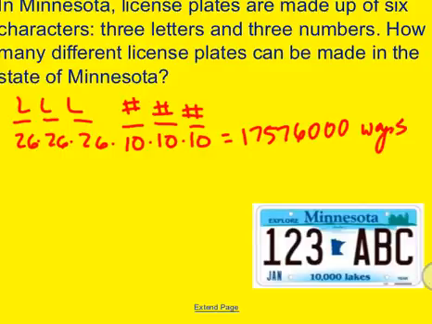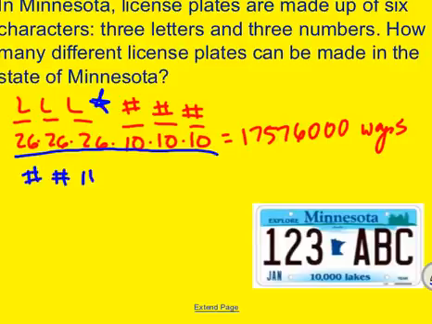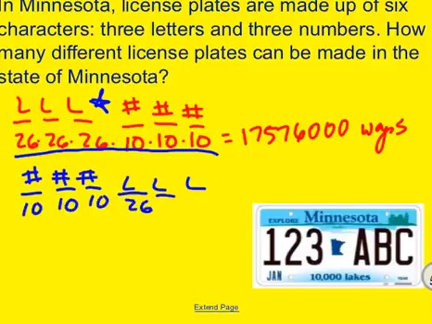Now, for some of you who don't trust me, I do make mistakes on purpose, but this time I did not. I did letter, letter, letter, and then number, number, number, because in the state of Minnesota, you can have this combination, or you can have what the picture has down there, which is number, number, number, letter, letter, letter, because that is a different combination as well. So then guess what? This is 10, 10, 10, and 26, 26, 26.